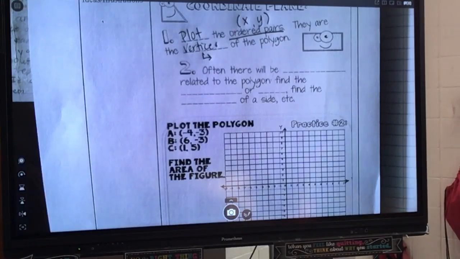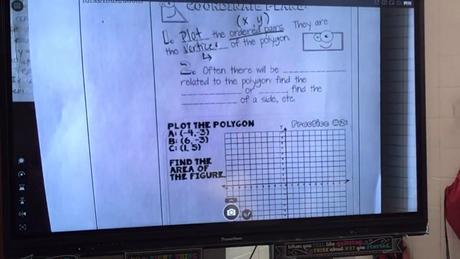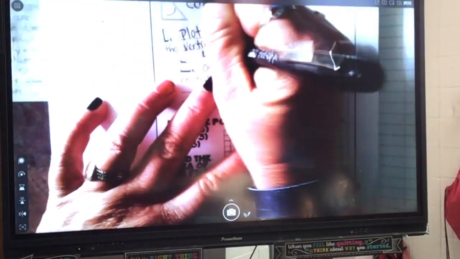Which is also like, really like layman terms, like if we're looking for a square and I say this is the vertice of the square, and it has 4 of them, what do you think that would be? Not the sides, because we don't plot sides on our grid. Right, so like the corners, or dots. Dots slash corners.